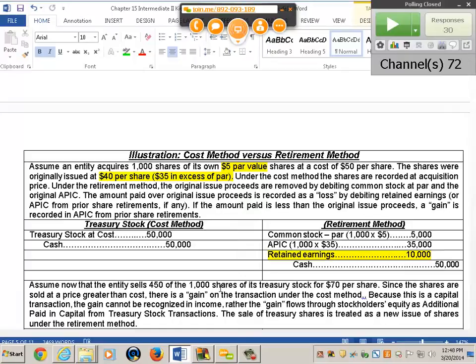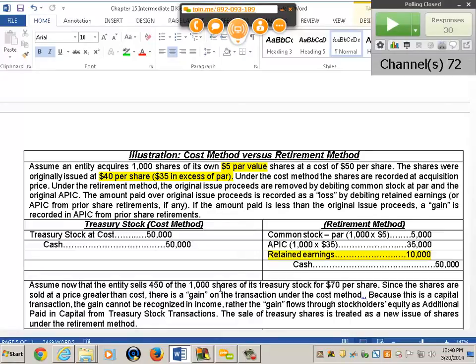It's a totally different perspective. That's an outflow. You just paid $50,000 to get back 1,000 shares.